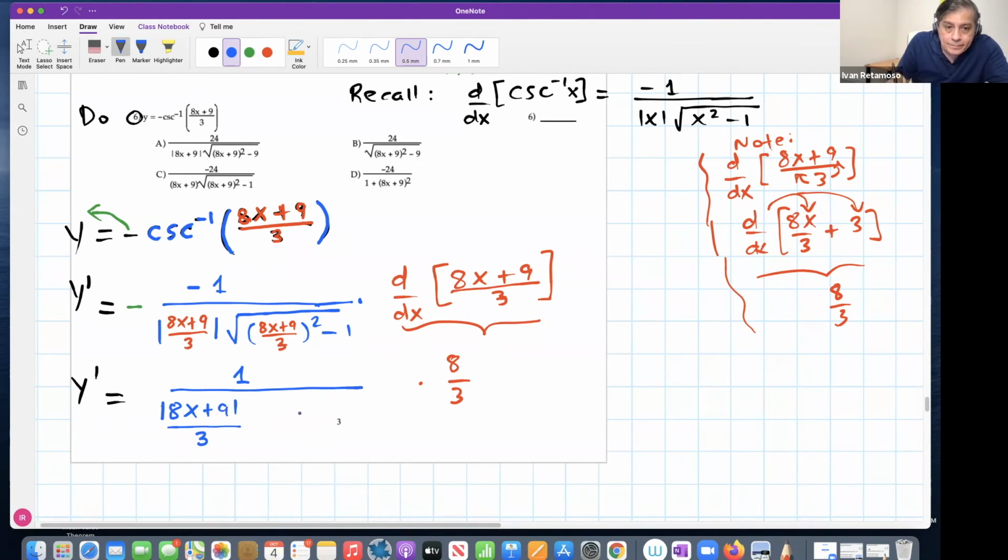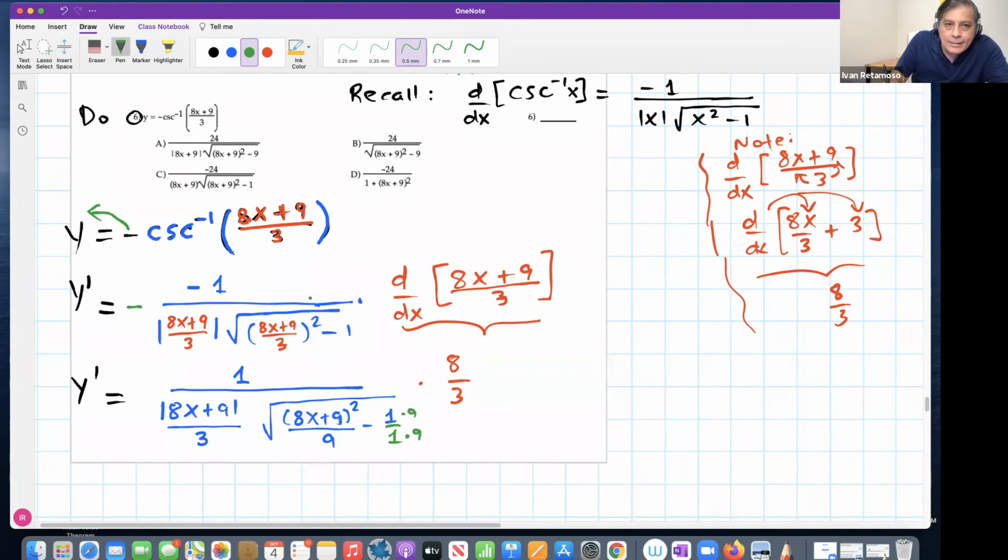Now, times the square root of this guy squared, (8x plus 9) squared over 3 squared, but 3 squared is just 9, minus 1. But this 1 is the same as 1 over 1. LCD for 1 and 9 is just 9.